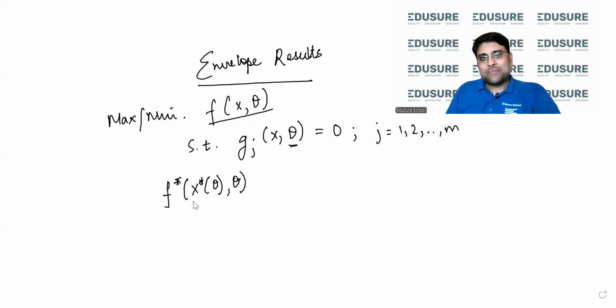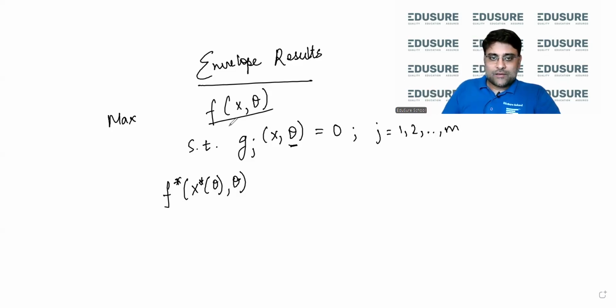In terms of a mathematical formulation, supposing I want to maximize this f, and this f is the objective function and theta is the parameter. The envelope theorem provides a way to calculate the derivative of the optimal value of the objective function with respect to the parameter theta, without needing to compute the derivatives of the optimal choice x star.